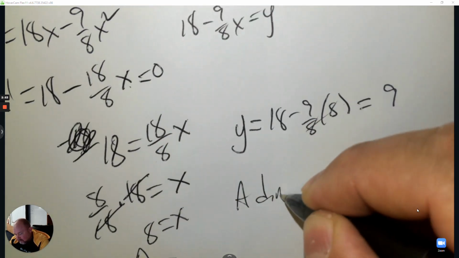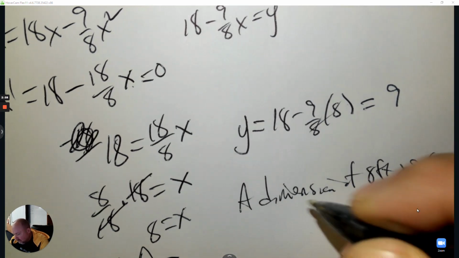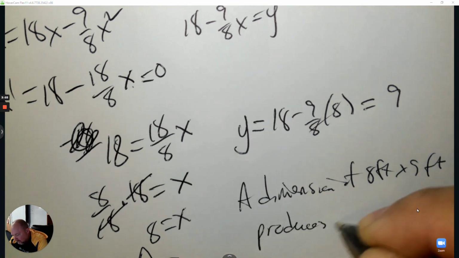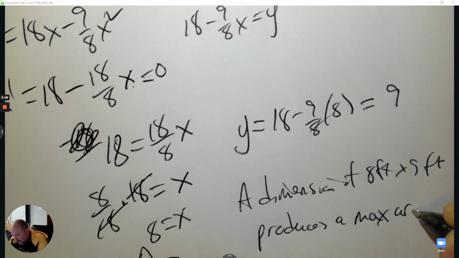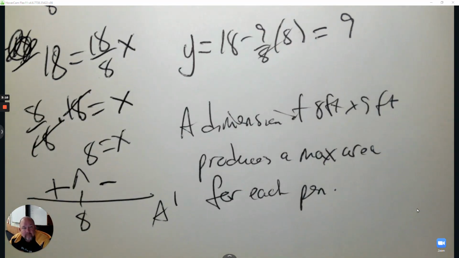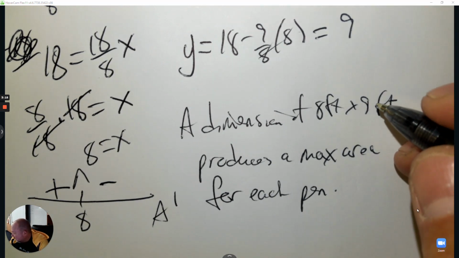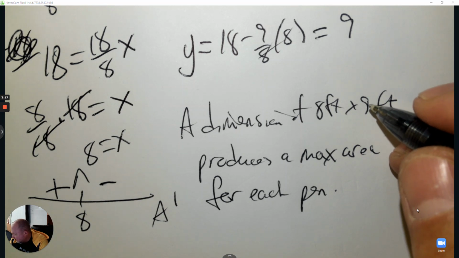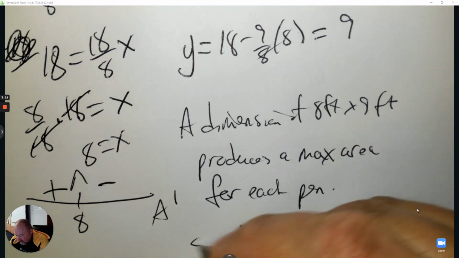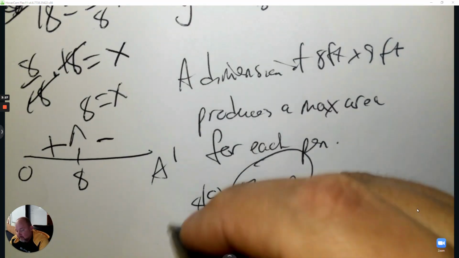So a dimension of 8 feet by 9 feet produces a maximum area for each pen. Second question is, what's the maximum area for each one? You just multiply them together, right? 8 times 9. And that's 72 feet squared. So that's the part B part.